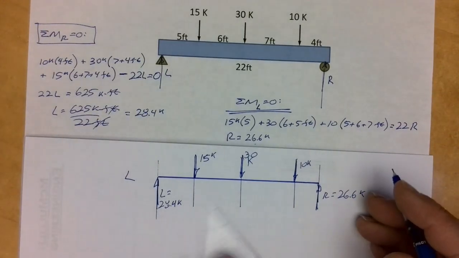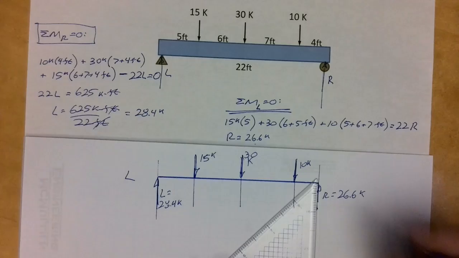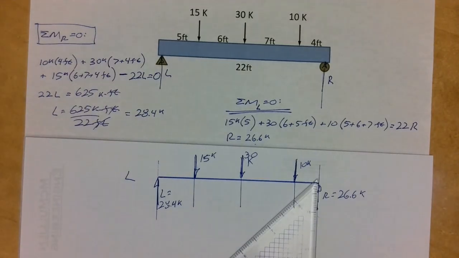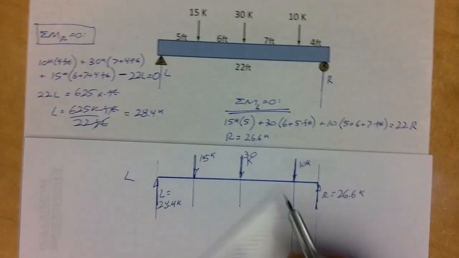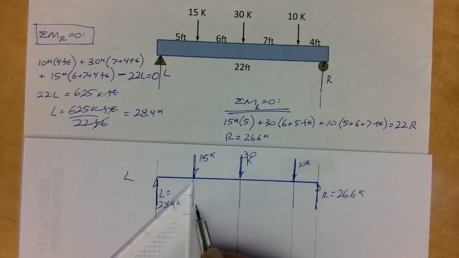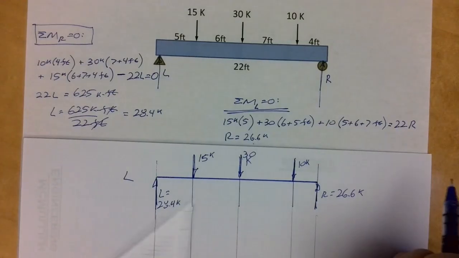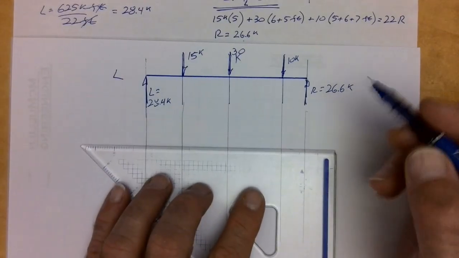Okay, the next thing I'll do, and I think I'll do this in pencil, is just extend these guys. So now that I have my load diagram, I want to draw my shear diagram.